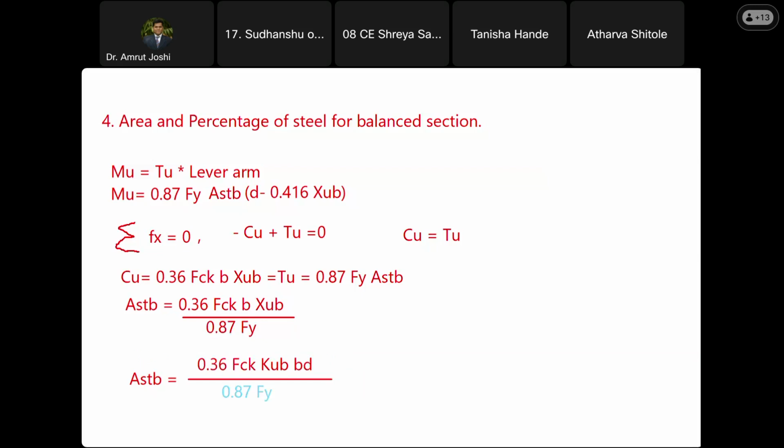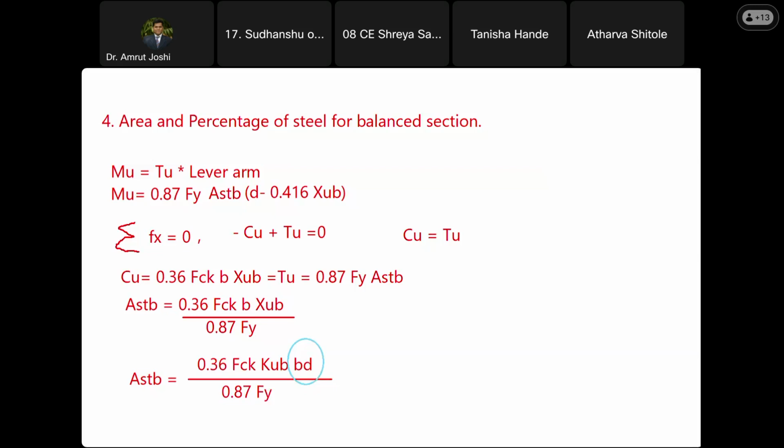Now just look at this expression. Area of steel required to make this section balance is dependent on all these parameters. Can you identify the parameter which is dependent only on geometry in this expression? Will you agree with me that the parameter B into D is dependent on the geometry of the cross section, isn't it? So this is geometry. What is the spelling of geometry?